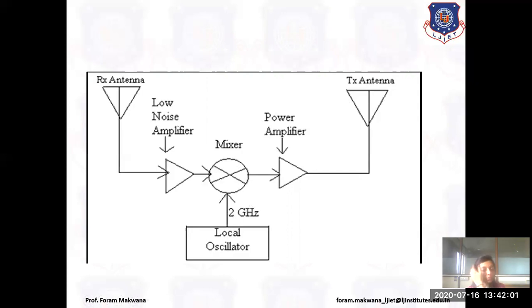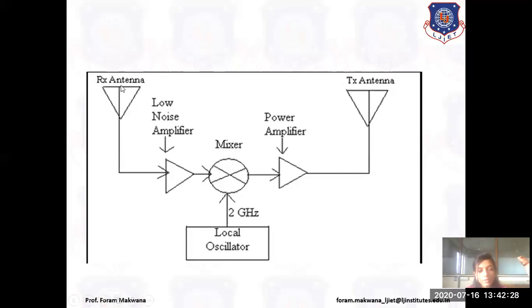All right, so over here, as we have seen in the superheterodyne receiver, it contains RF amplifier, mixer, and LO. You can see that mixer and LO are used for frequency conversion, as we can increase the frequency or we can decrease the frequency.